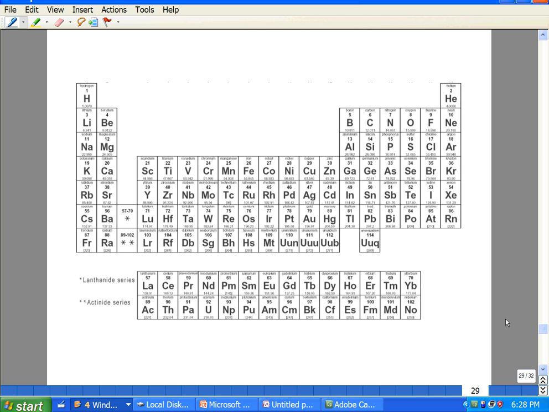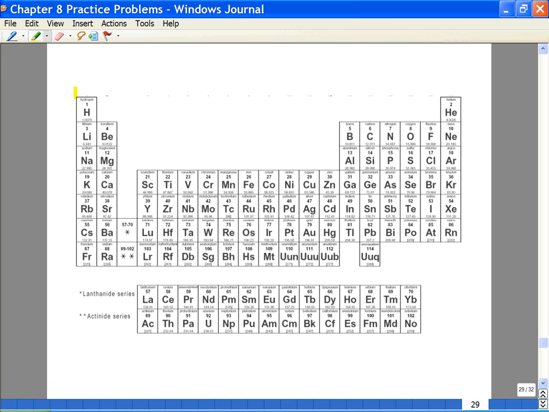We know that generally, across a period, electron affinity will increase.